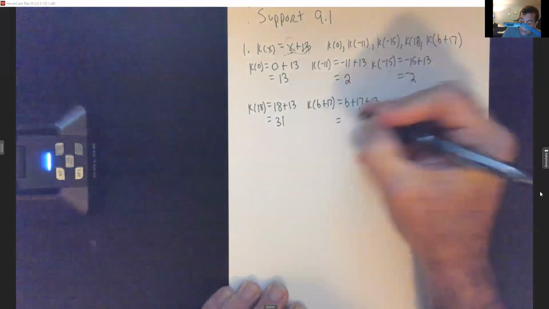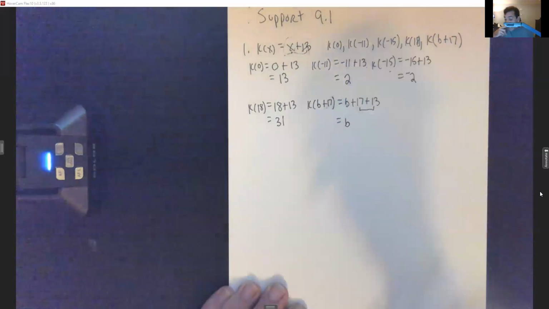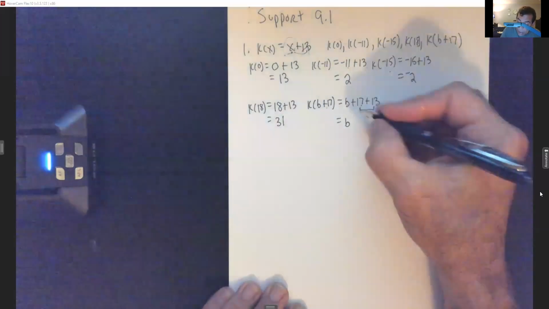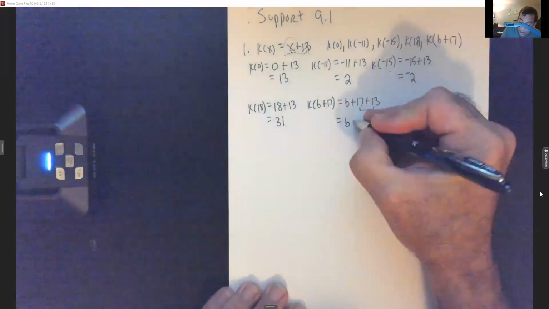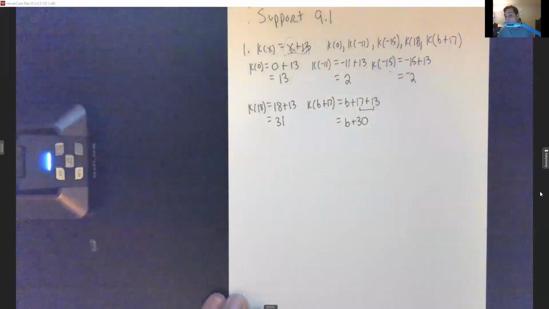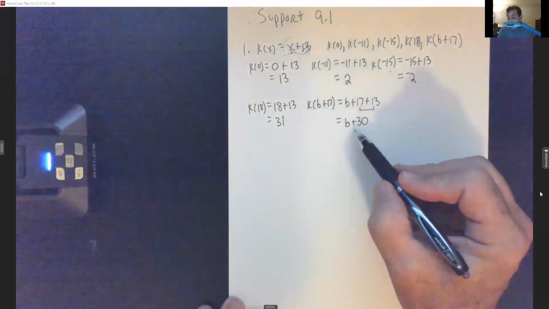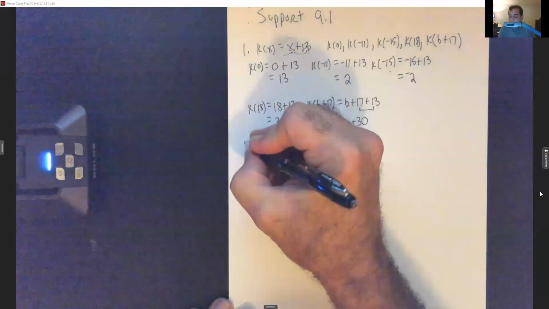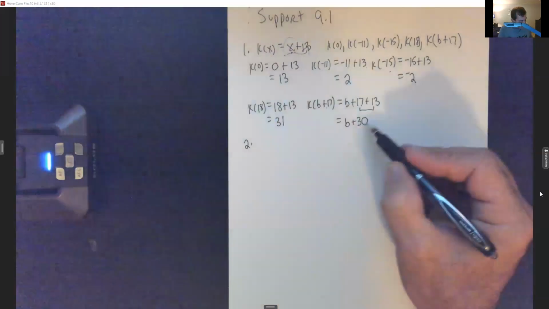So since that b is the only b, you bring it down. And then you add 17 and 13, so those are your like terms. 17 and 13 give me 30. So your final answer would be b plus 30, okay? So they're just wanting to see if you add like terms right in that section.